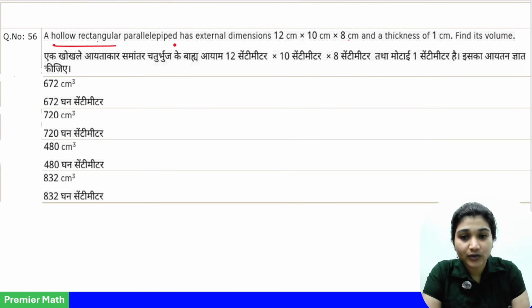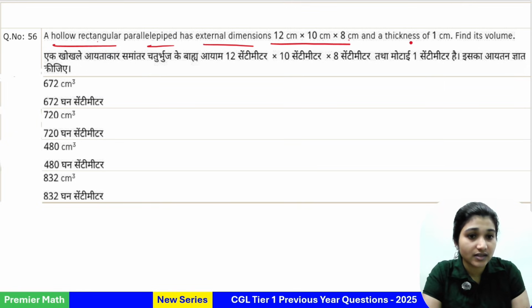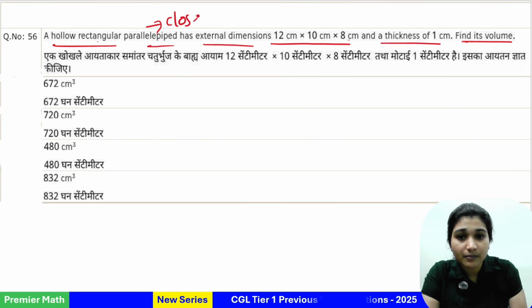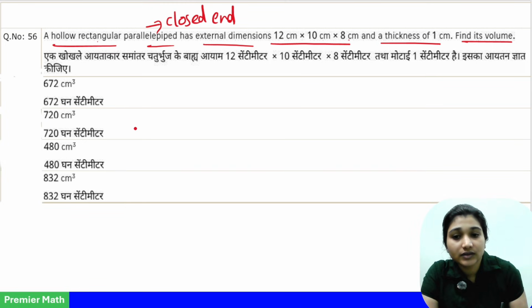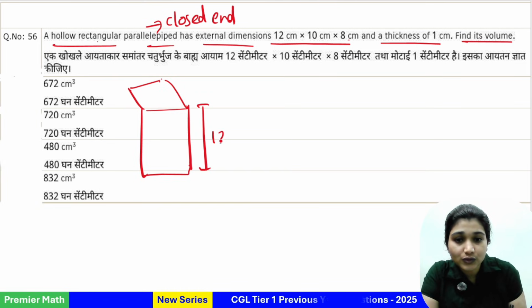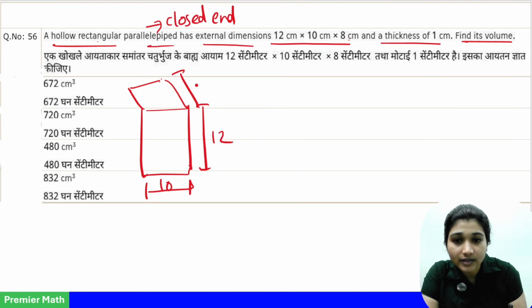A hollow rectangular parallelepiped has external dimensions 12, 10 and 8 and a thickness of 1 centimeter. Find its volume. Here consider this parallelepiped as a closed-end parallelepiped. So here if this is a rectangular parallelepiped, the external dimensions are 12, 10 and 8.